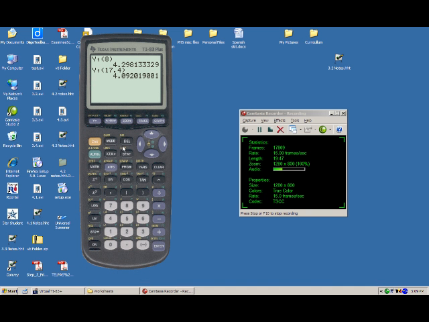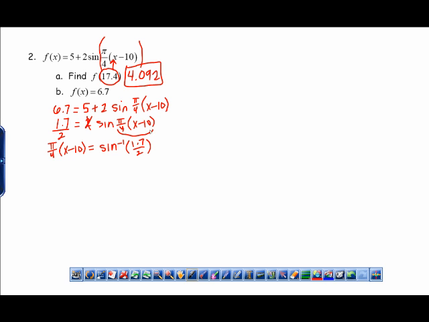Okay, so let's go ahead and type that in. Arc sine of 1.7 divided by 2. We get 1.016, that is a rounded answer. If I have to use that number, I know I will. I'm actually going to use the unrounded version. So let's go ahead and write this.